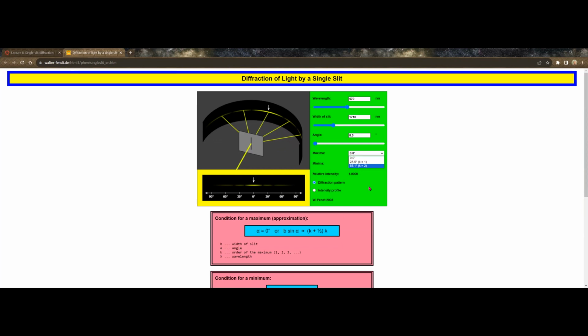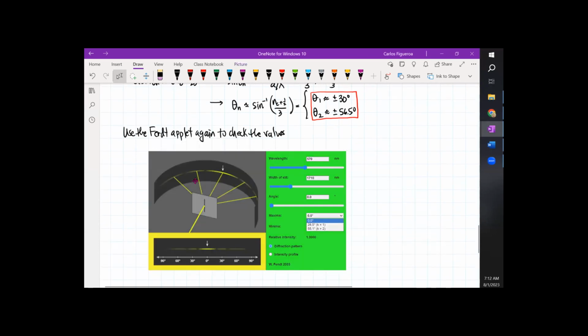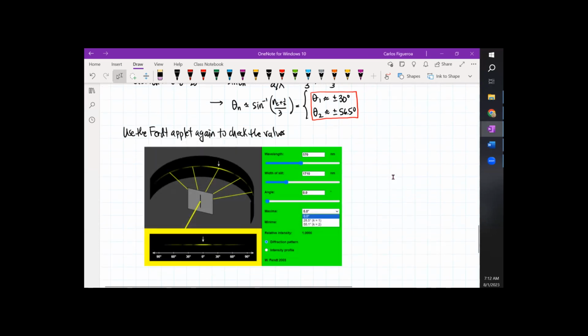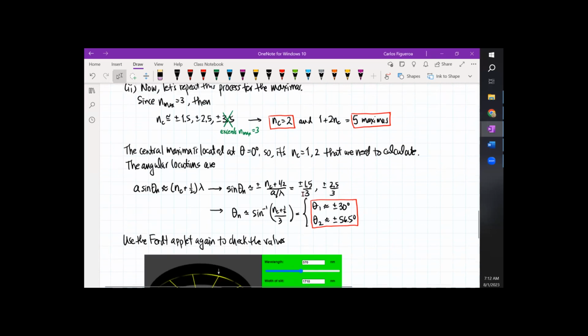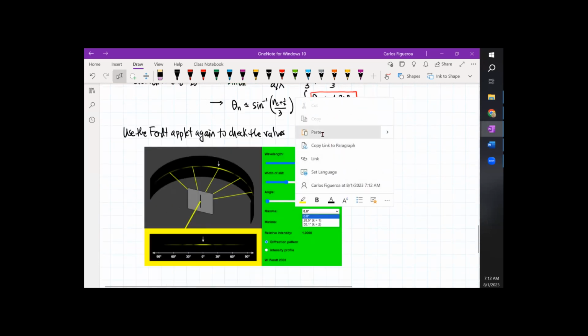So let me copy this and put it into my OneNote here. So I'm going to come over here and paste this right here. And what I want to do is take these angular locations right here and paste them right here.